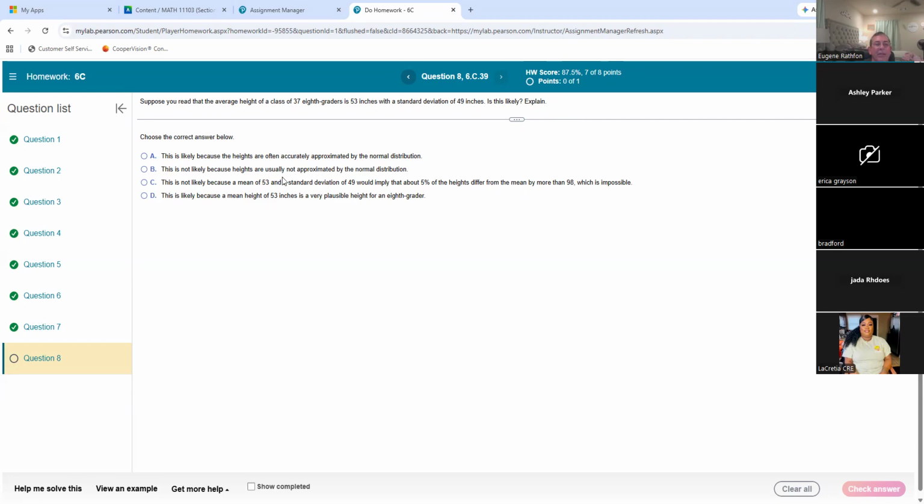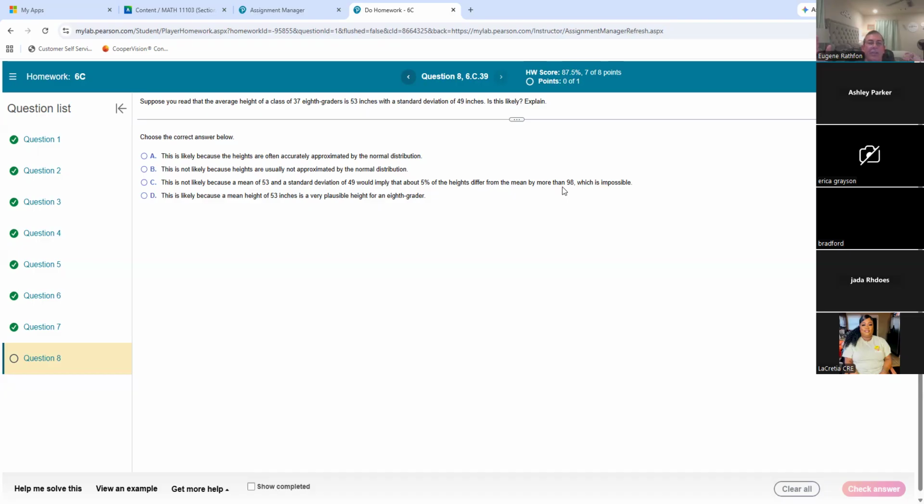And it says because they're not usually approximated by the normal distribution, or this is not likely. It would imply that 5%, so that means three standard deviations differ from the mean by more than 98. I mean, there's no way, right?